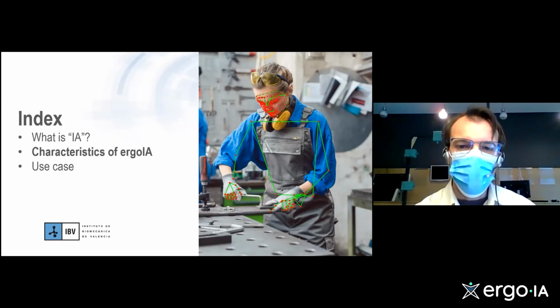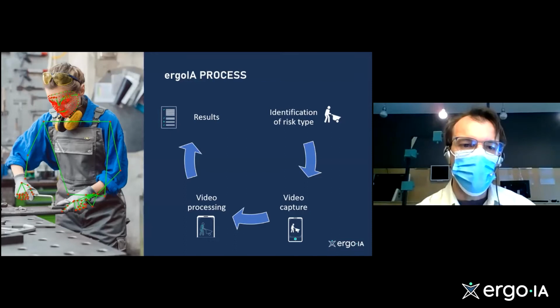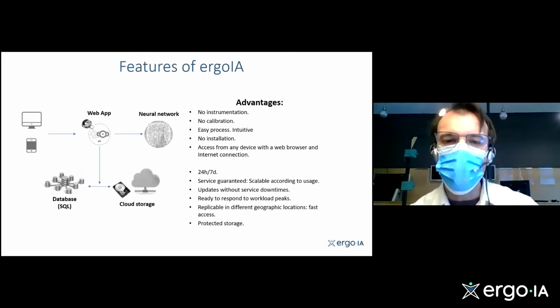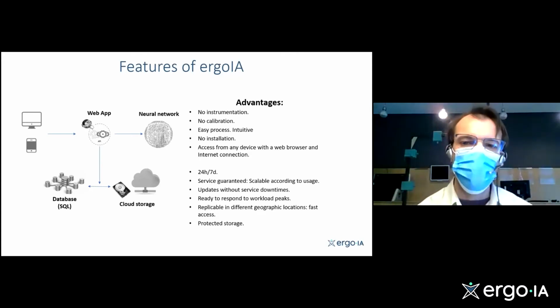Some of the characteristics have already been described by Mercedes before, so I will go very briefly over them. The advantages she already mentioned is that it's not like other tools for automatic detection of postures, because we don't need to put sensors on the worker. We don't need to calibrate the camera.